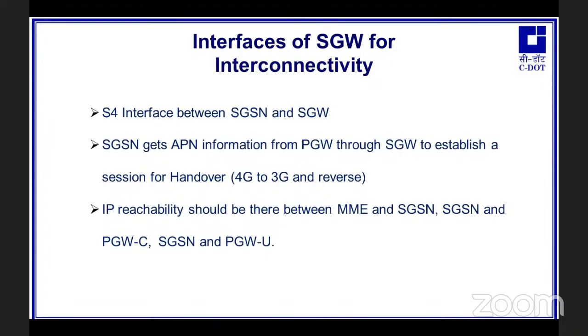So now the next item is the handover. What is happening in 4G to 3G handover? You are surfing some data in 4G, or moving, and then you come into the 3G location or 3G area.